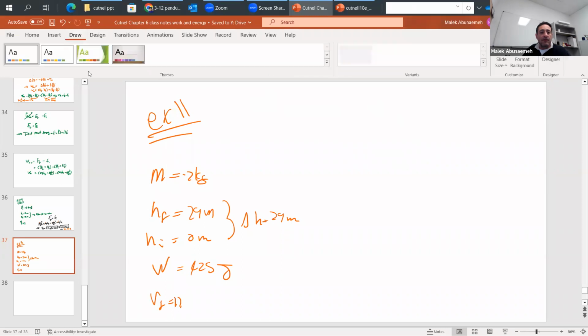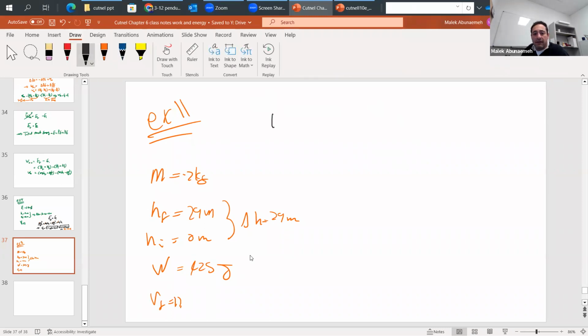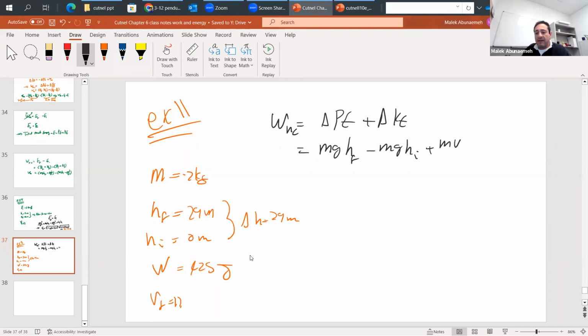And again, your non-conservative work, let me go ahead and write this down, is going to be your delta PE plus your delta KE, all your potential plus all your kinetic, which your potential is going to be mg final height minus mg initial height, plus mv final squared over 2, minus mv initial squared over 2.